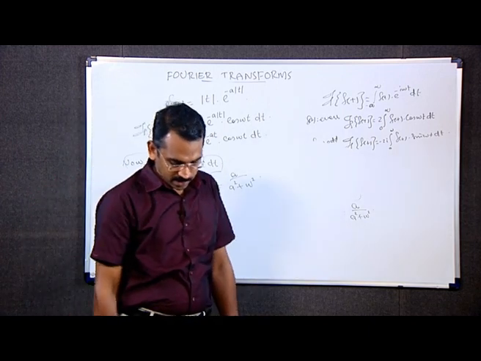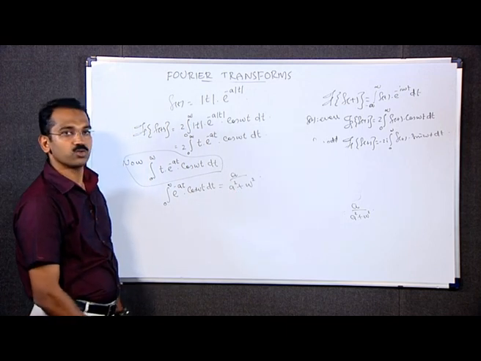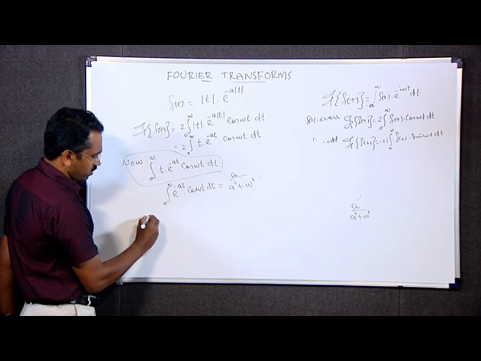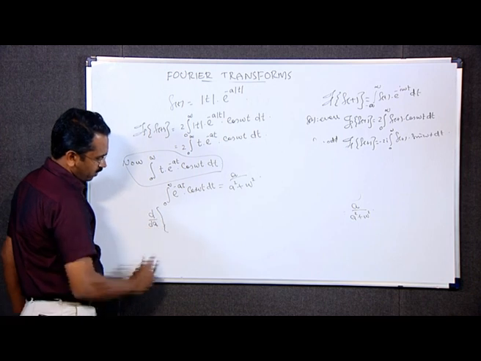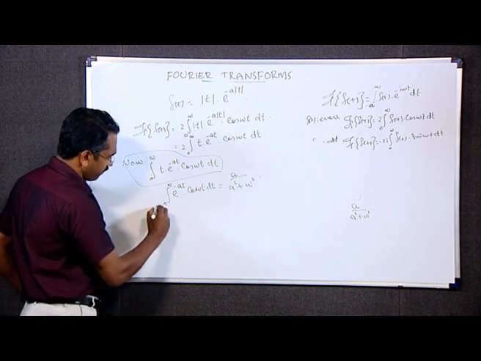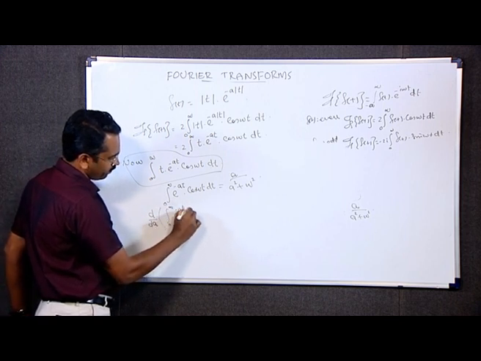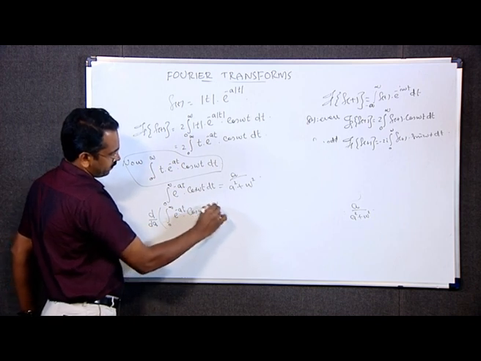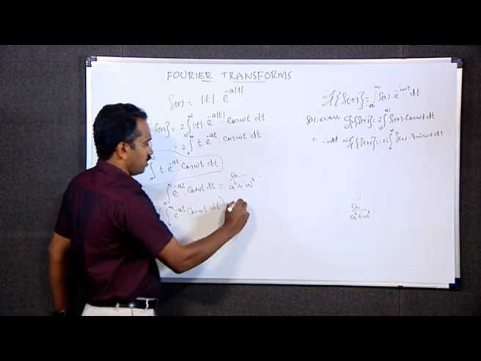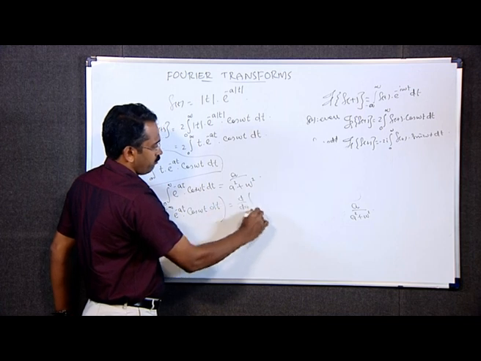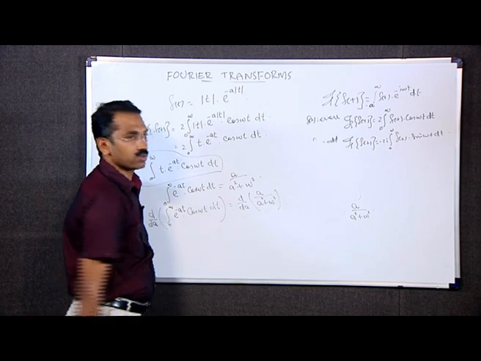Now, differentiating both sides of this expression with respect to a, we get d by dA of the integral from 0 to infinity of e raised to minus a t into cos omega t dt is equal to d by dA of the right hand side, which is a divided by (a square plus omega square).